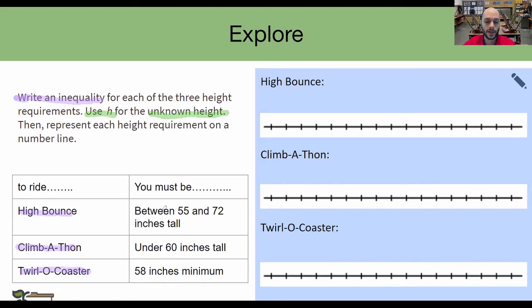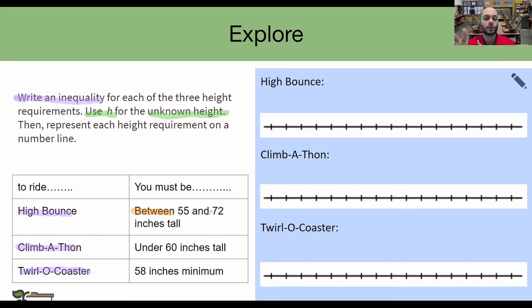All right, welcome back. Since we want to be between 55 inches and 72 inches tall, that means we cannot be 55, but we have to be bigger than 55. We cannot be 72, but we have to be less than 72. So we're in that zone right in between those two numbers. Now, in this question, it is very ambiguous, and we actually don't know if you can go to the ride and be exactly 55 inches tall.